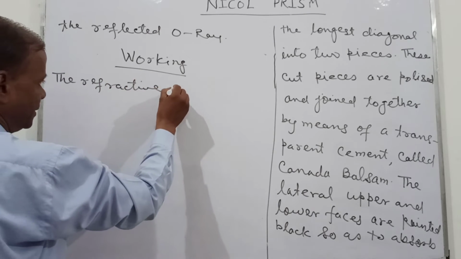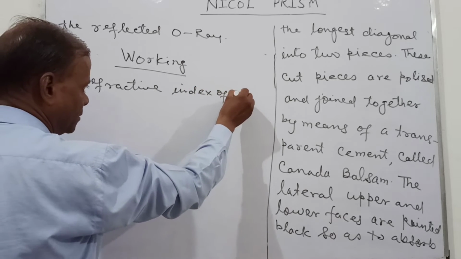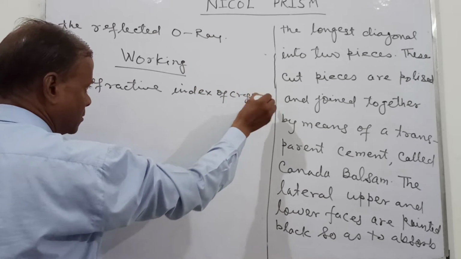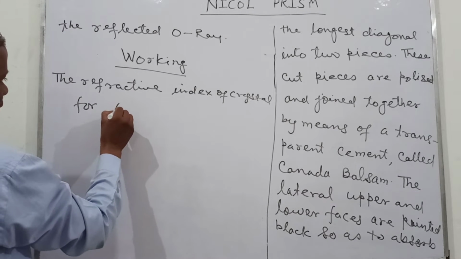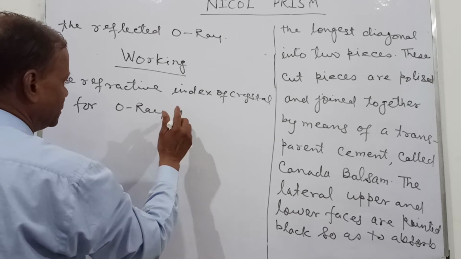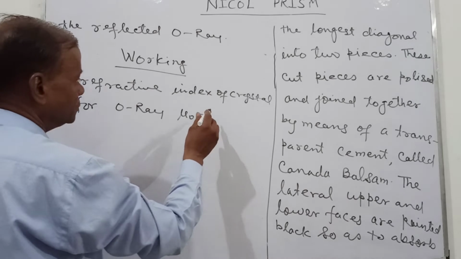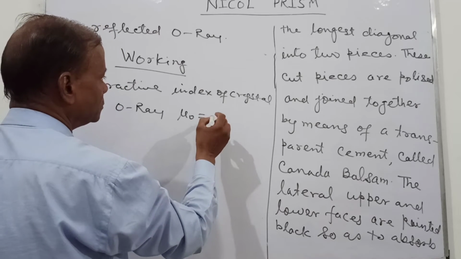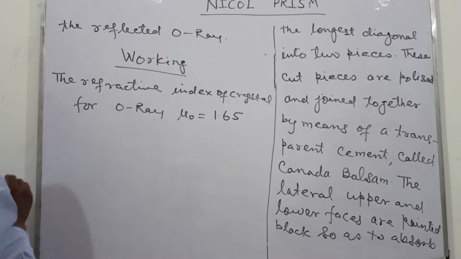The refractive index of crystal for O ray, mu naught, is equal to 1.65.